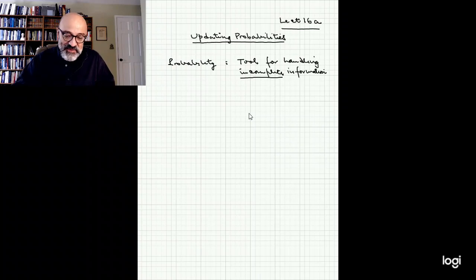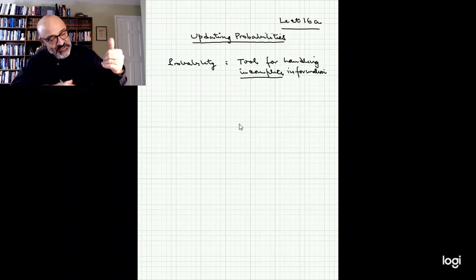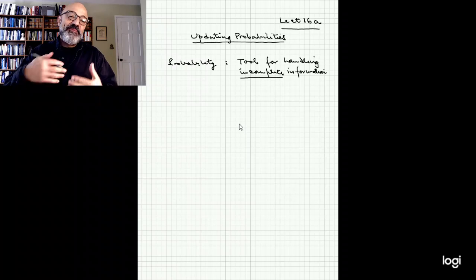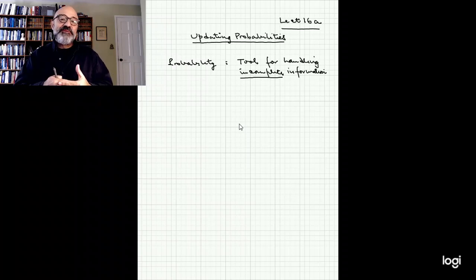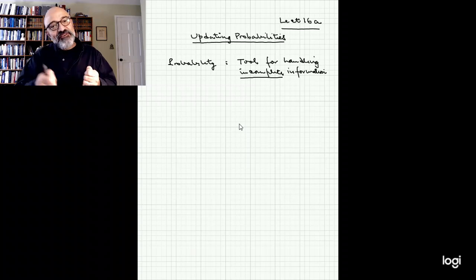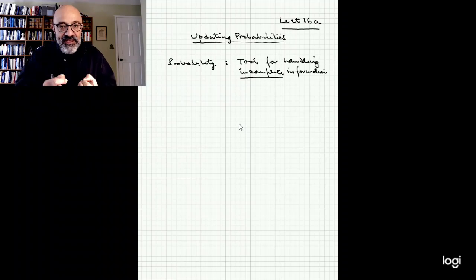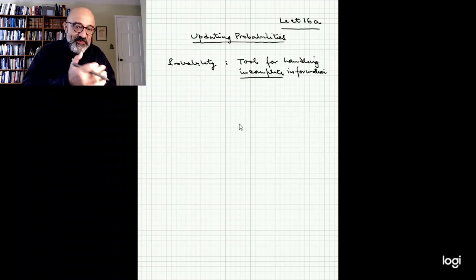the next step is, or rather, what if you were to get some more information? How do you update your beliefs? Let me say it differently. If probabilities are tools we use in order to handle situations of incomplete information, which is an unfortunate situation, it is quite clear that there are better probability assignments and there are worse probability assignments.